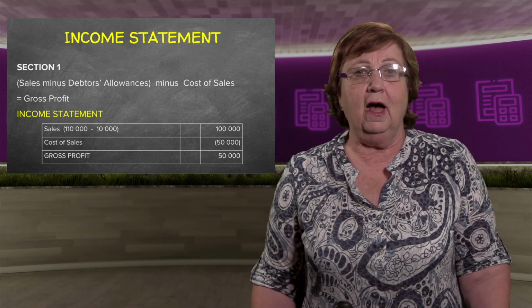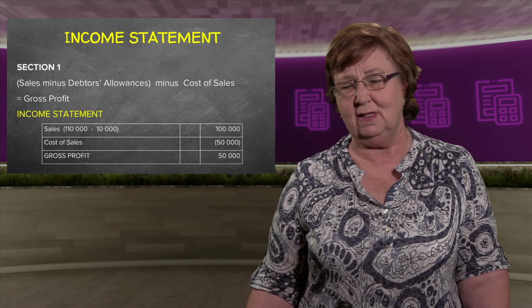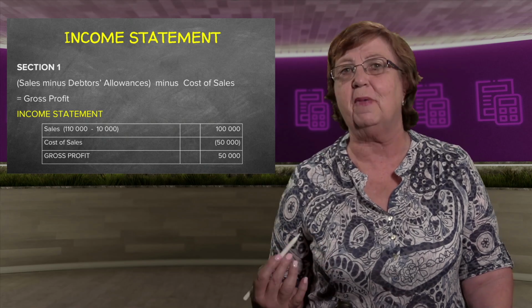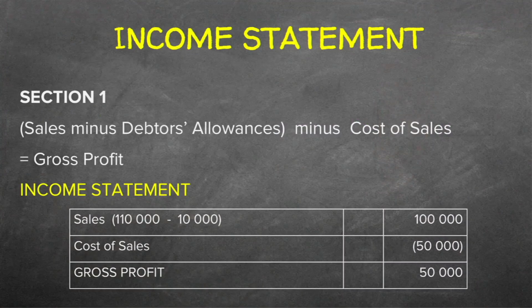And so I have broken the income statement down into sections, and I'll work through it section by section. So let's look at the first section, which is in fact your trading account in your general ledger. So the first thing we're going to look at is we are going to take our sales and we are going to subtract our debtors' allowances, because that will give us our turnover or our true sales.